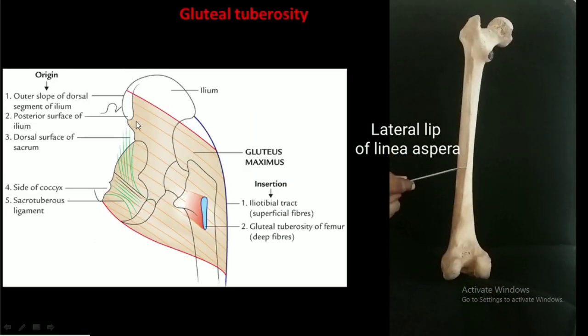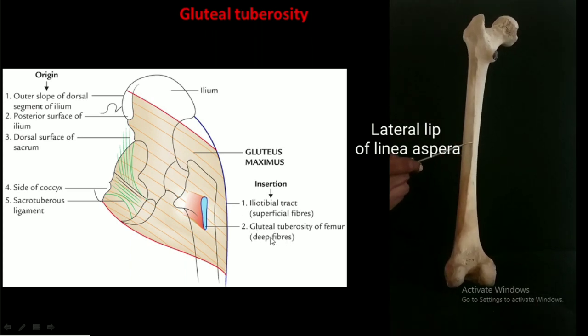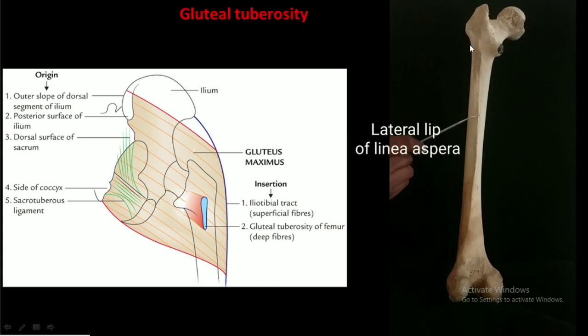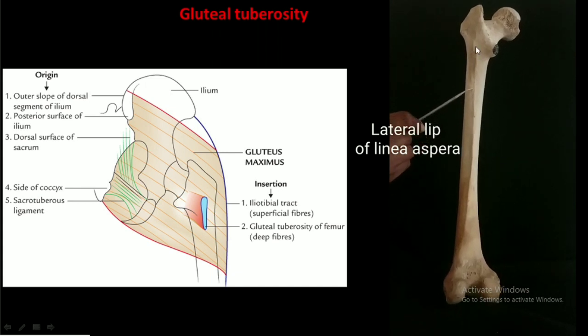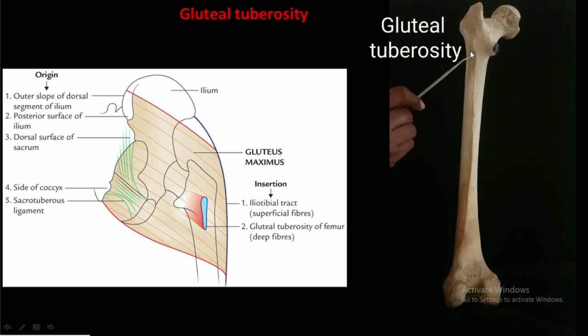We will see this is the gluteus maximus muscle; the deep fibers are going to insert over the gluteal tuberosity. So this is called the gluteal tuberosity from the posterior aspect.